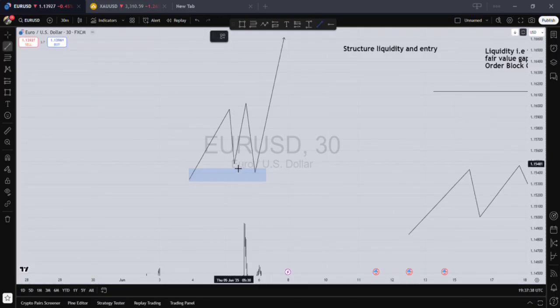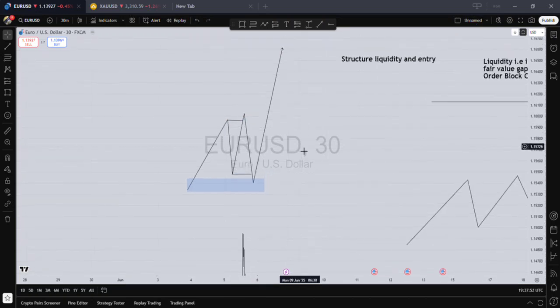And then these are our inducements because it's close to POI, which is the order block, and there is a break of structure. Those are the things that make up an inducement. It is a liquidity that is close to a POI and it broke structure.